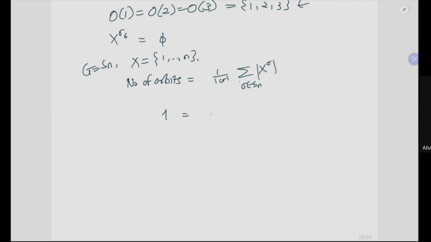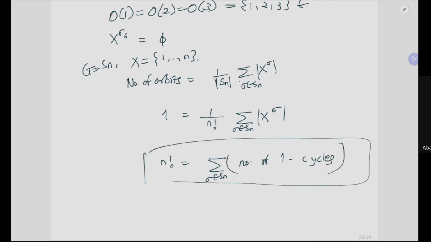So only one orbit, and 1 by mod G is what? Mod G is Sn in this case, so it is n factorial, and the summation over sigma belonging to Sn of X power sigma. But this is what we saw: this is n factorial, summation over sigma belonging to Sn, and this is the number of all 1 cycles.